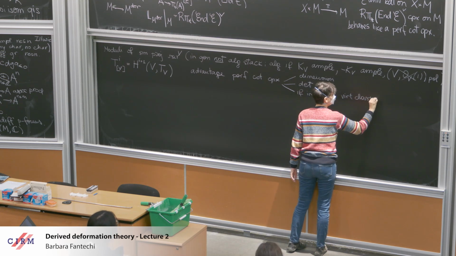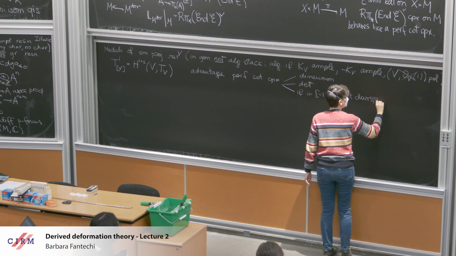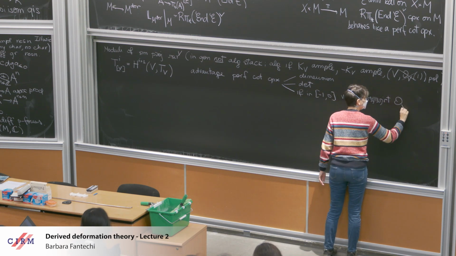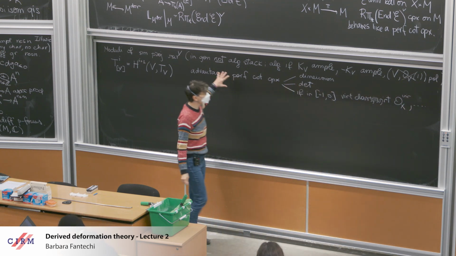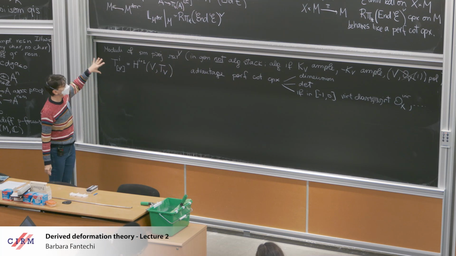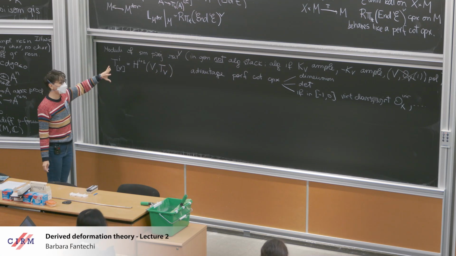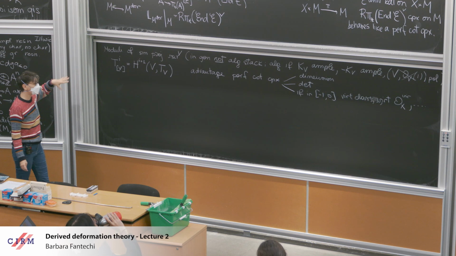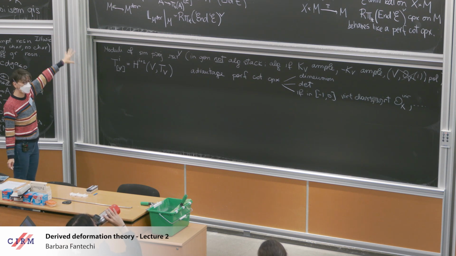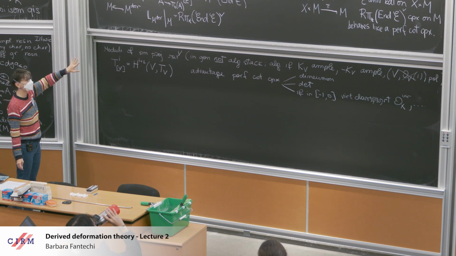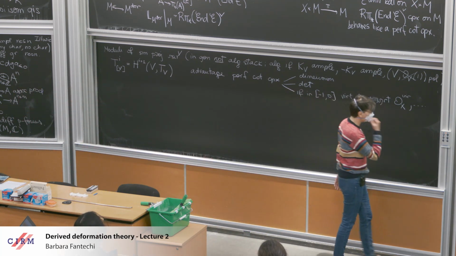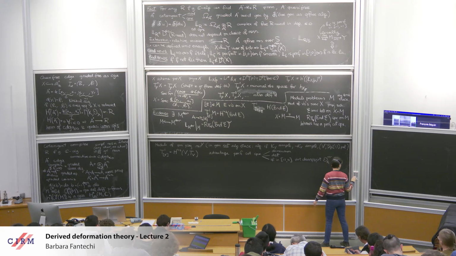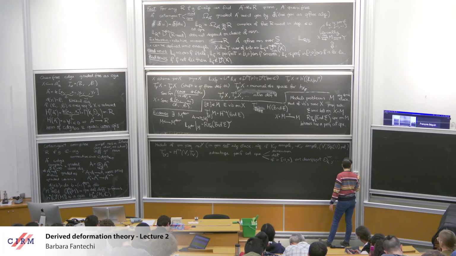There's a virtual class, a virtual structure sheaf. So this is a very good thing. And what we have is that derived geometry shows us a direction that very classical deformation theory points us in. And I would like to mention something, again, reviewing what Mauro did in a more classical version.